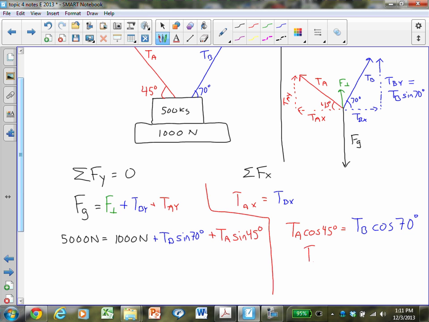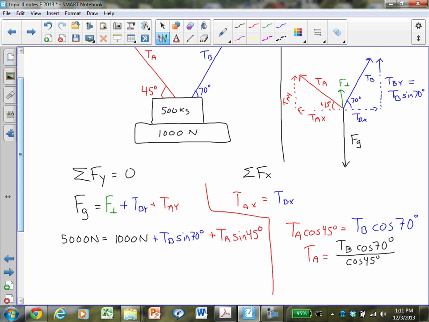So TA would equal TB cosine 70 degrees over the cosine of 45 degrees. Do you see what I did there? Just divided over the cosine of 45, right?